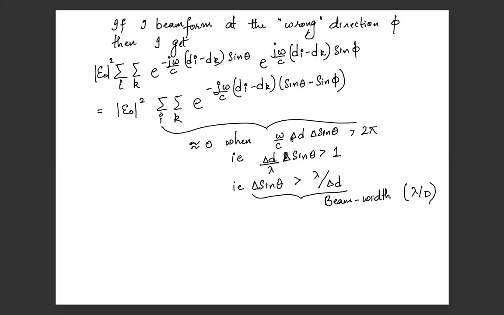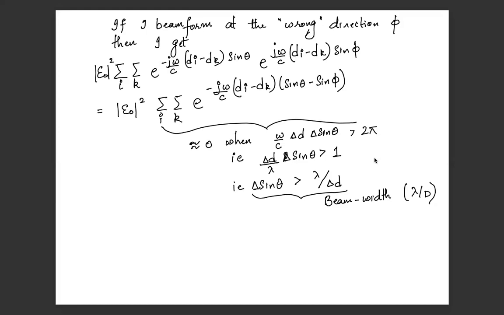Now, omega by c, if I bring 2 pi to the other side, that just gives me 1 over the wavelength, lambda, and delta d remains the same, so delta sine theta is greater than lambda over delta d. Lambda is the wavelength of light, delta d is the distribution of baselines.